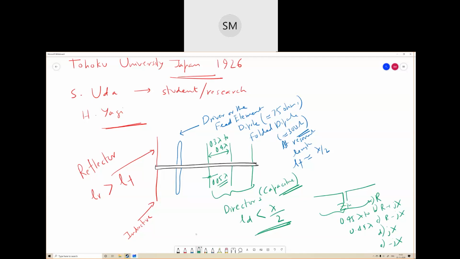Voltage leads the current, right? And what about the capacitors? For a capacitor, the current leads.